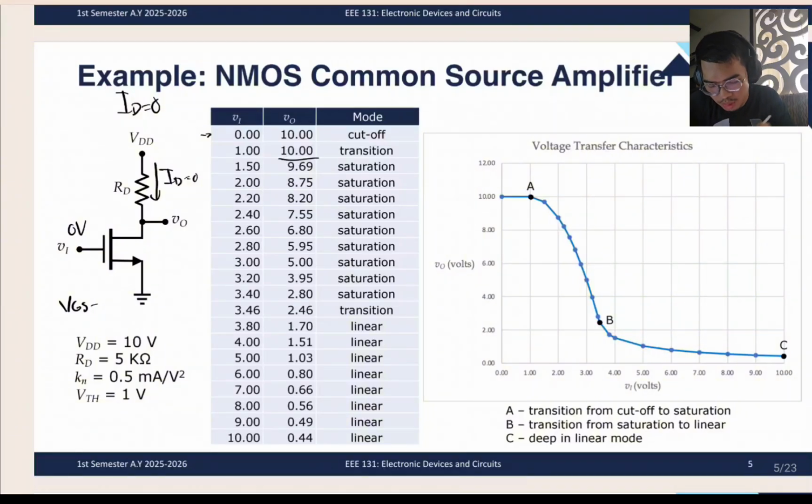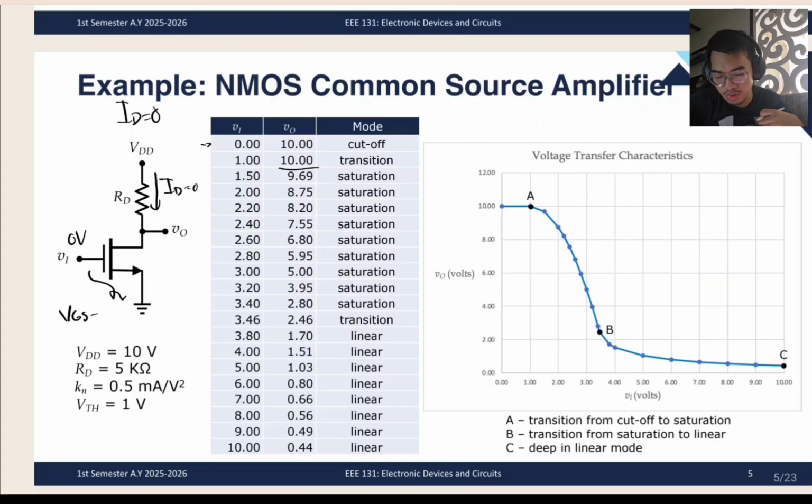Therefore, our output is still 10 volts. Okay? And then when the VGS voltage here is big enough such that it is not in cutoff anymore, you'll actually see that it will transition to saturation instead of linear.